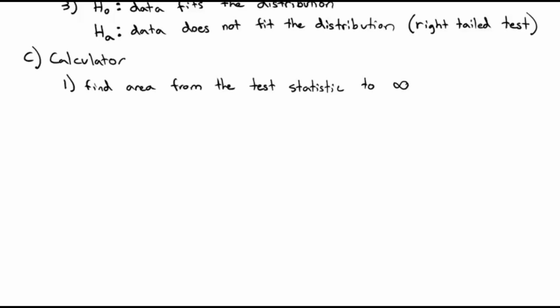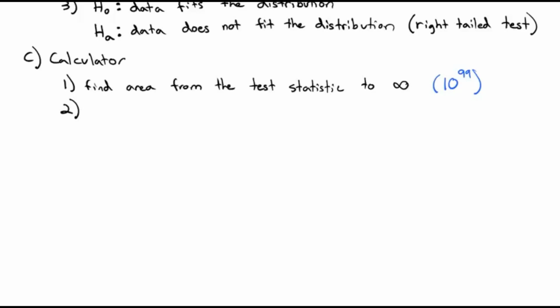The problem is our calculators can't do infinity. So we're going to put a number in that's pretty darn close to infinity. We're going to use 10 to the 99th power to represent infinity, because there's going to be very little area that's past 10 to the 99th power. That's a 1 with 99 zeros after it, a 100-digit number. That's pretty darn close to infinity.